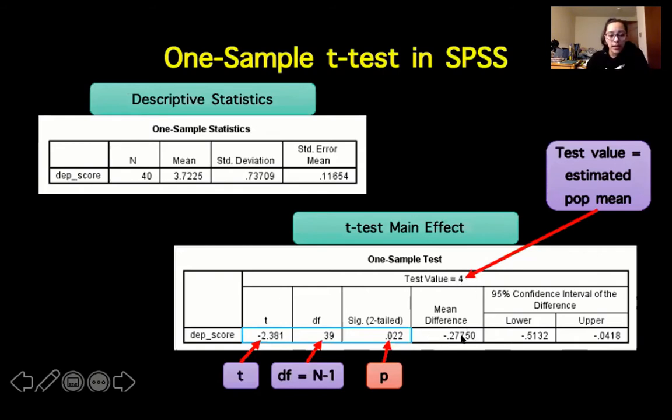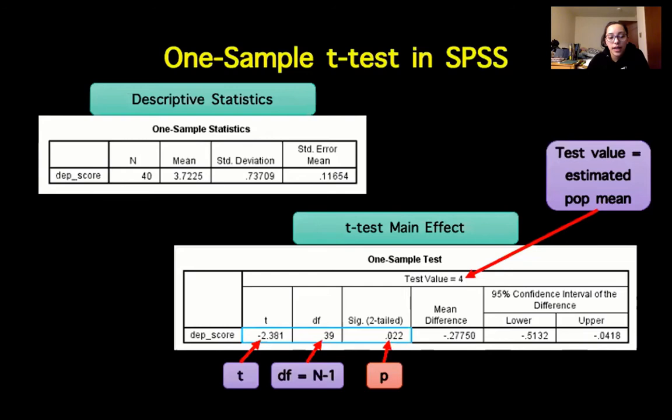They indicate what the mean difference is. So if you took 4 minus 3.7225, you should get this value here. And then they tell you what the confidence interval is for that mean difference. So again, that's where your confidence interval using a t-statistic versus a confidence interval using a z-score is different.